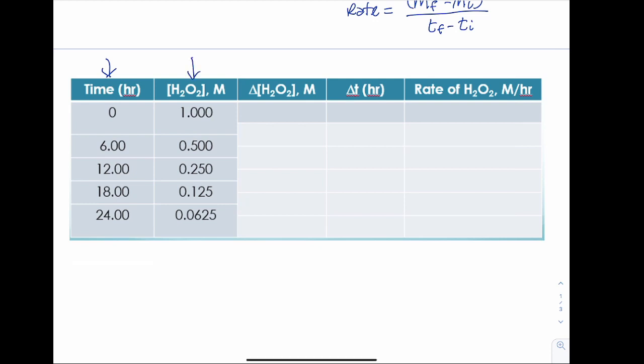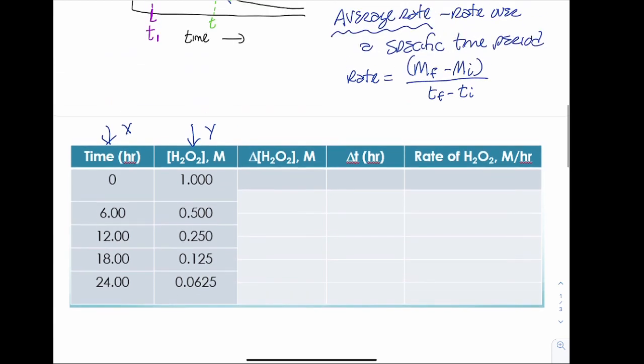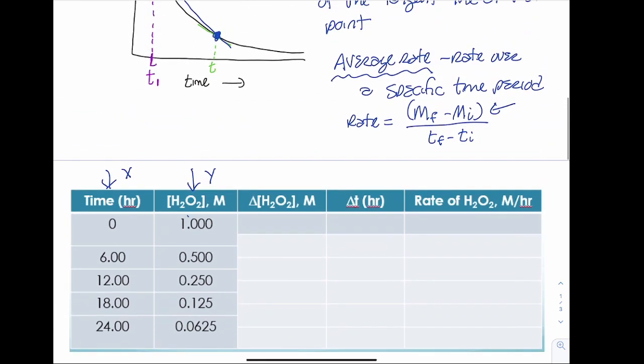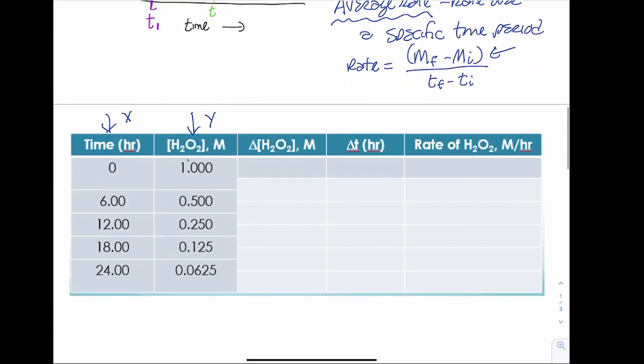I have my concentration at those points. So again, this is my x, this is my y-axis. Our change in concentration is just going to be our final minus our initial. Keep in mind here, this is my reactant, so it's disappearing. So it's getting smaller.